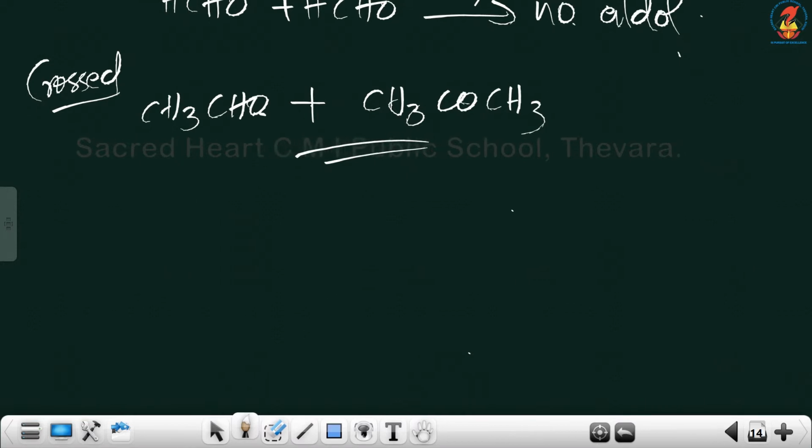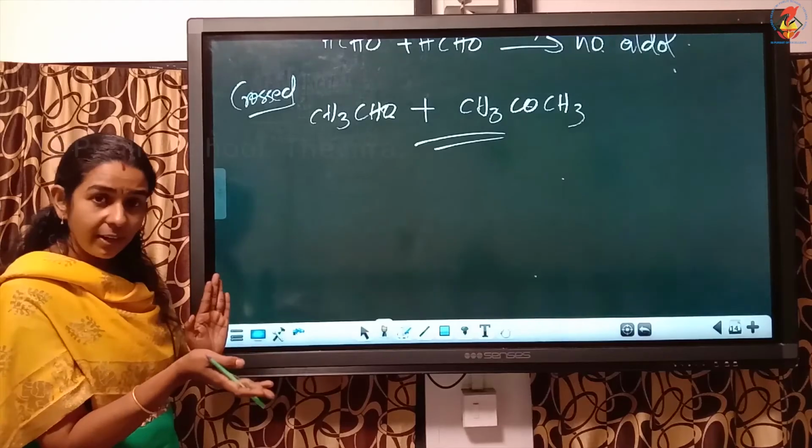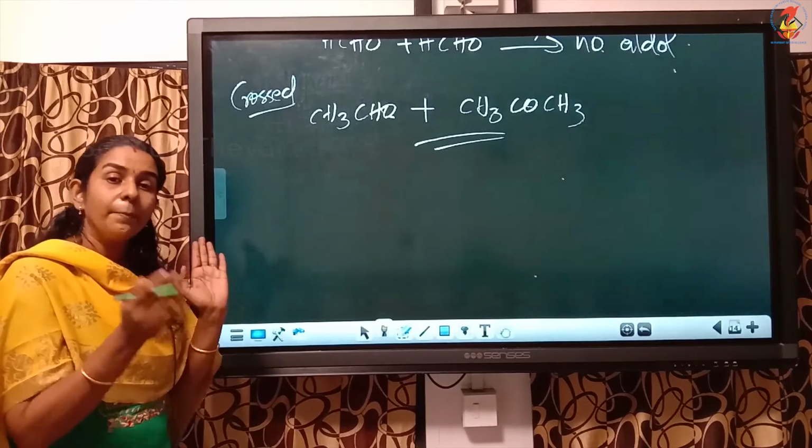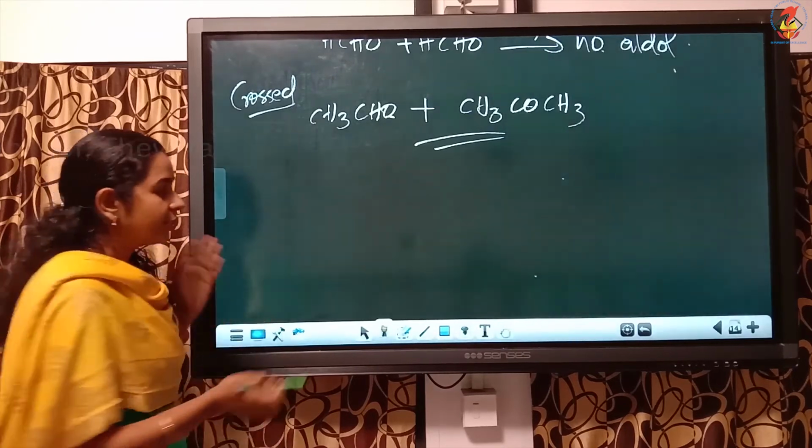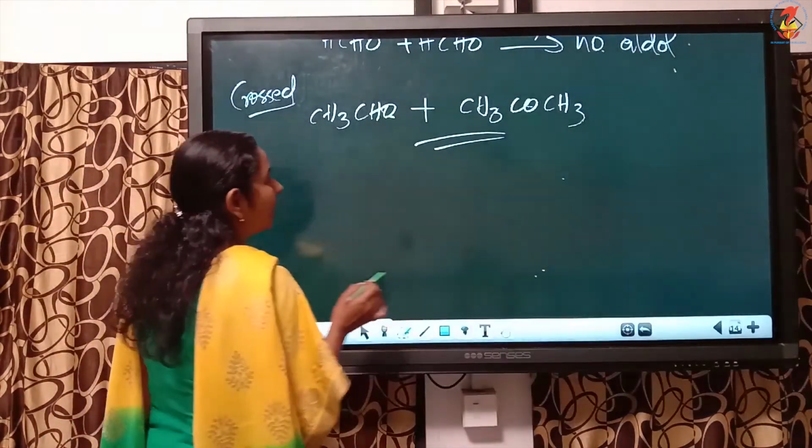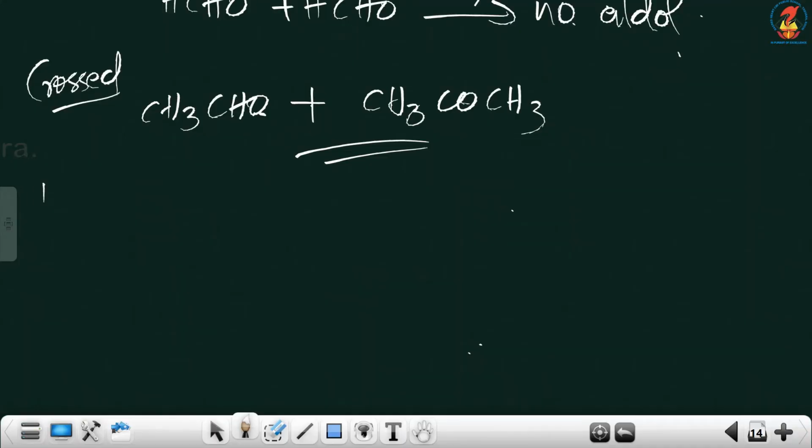This reaction we are going to consider. Here both the reactants are different, so it is a crossed aldol, but both contain alpha hydrogen. So how can we write the product? We will see the first possibility.